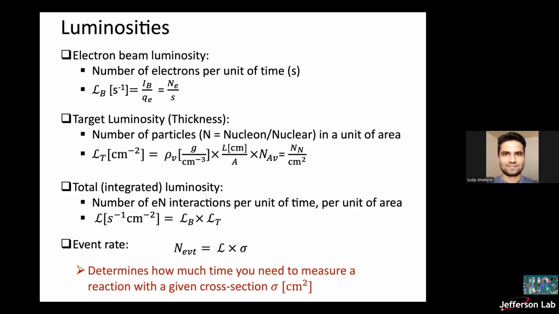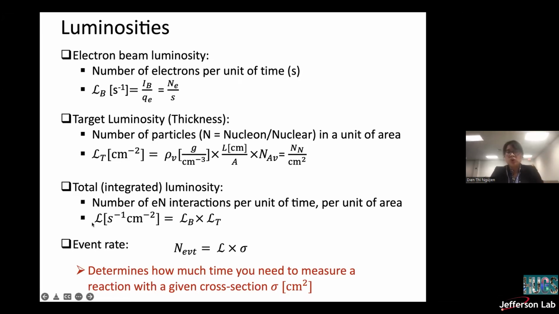And this total luminosity is, from my point of view, a key quantity in order to design the experiment. Why? Because the total luminosity multiplied by the cross section will give you what we call the event rate.